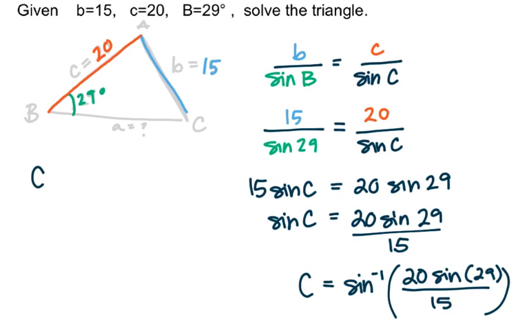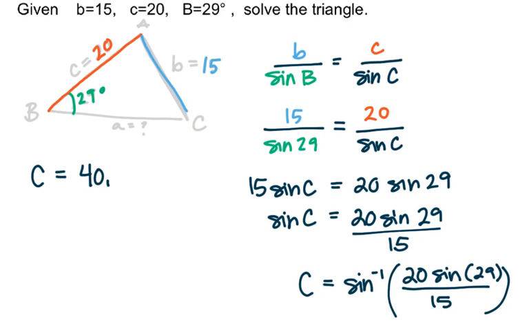And what we determine is that C is approximately 40.2716871. That's the decimal I get on my calculator. Of course, these decimals keep going. So we get this C value, which is acute.